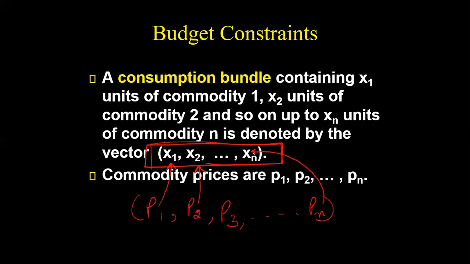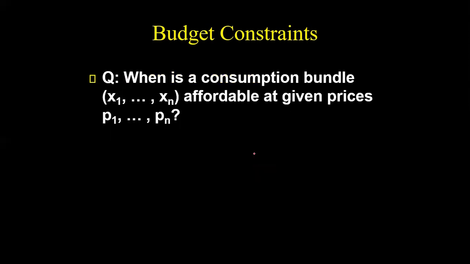Now, when is the consumption bundle affordable at these prices? Please understand what we are saying. Very important: suppose I tell you that you purchase 5 units of chips. That becomes your x1.